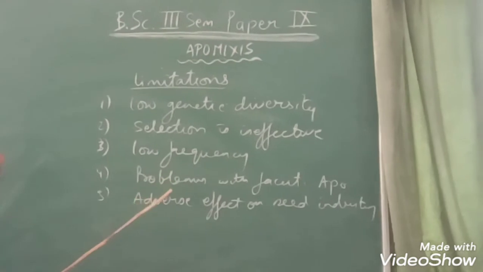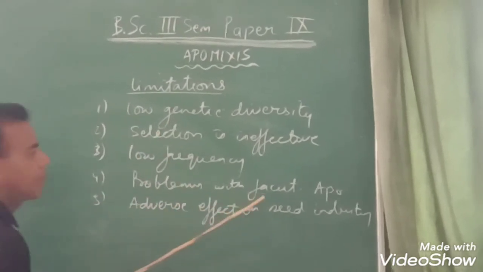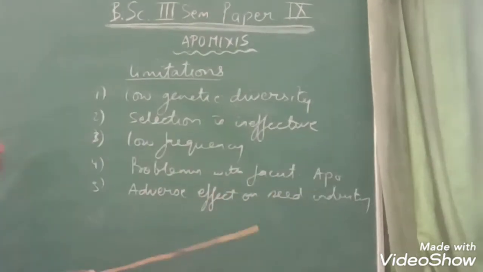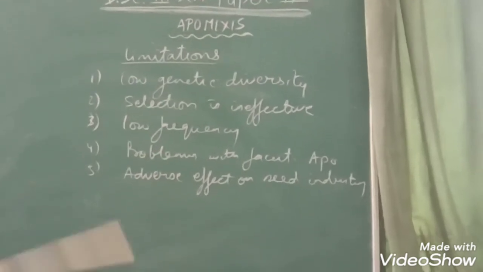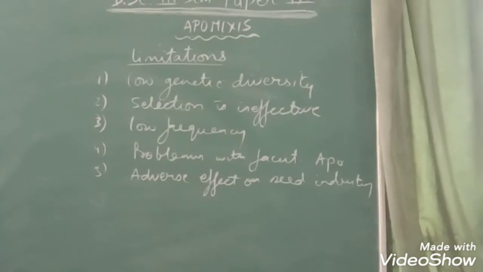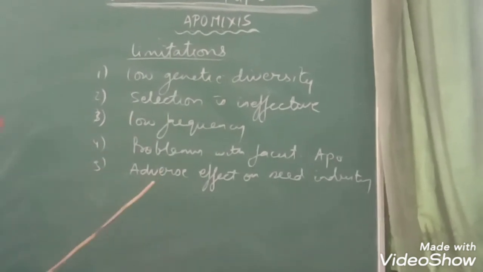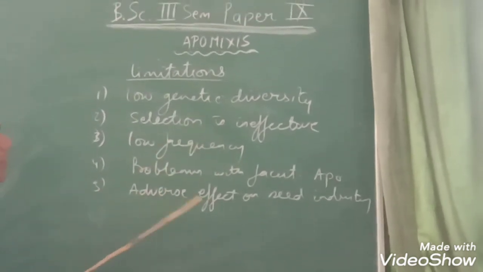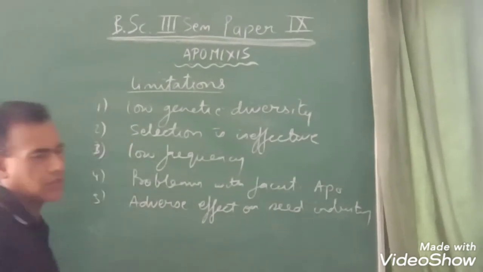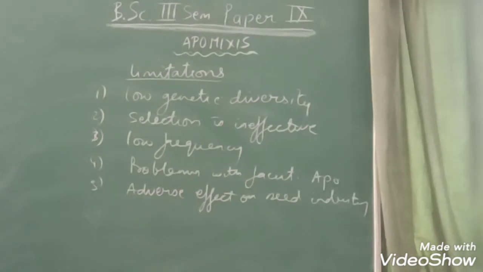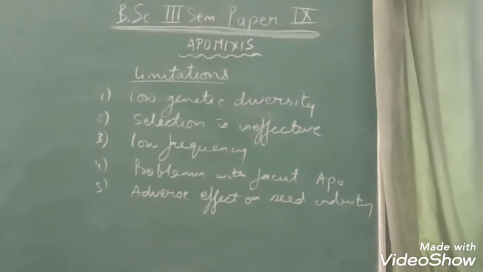The main problem is with facultative apomixis, in which the apomictic plants struggle with the normal sexual reproduction and they have an adverse effect on the normal seed industry, which thereby affects the farmers.